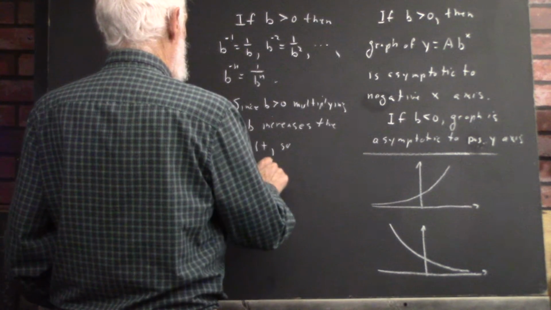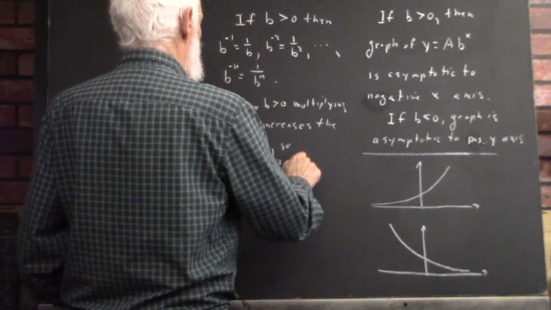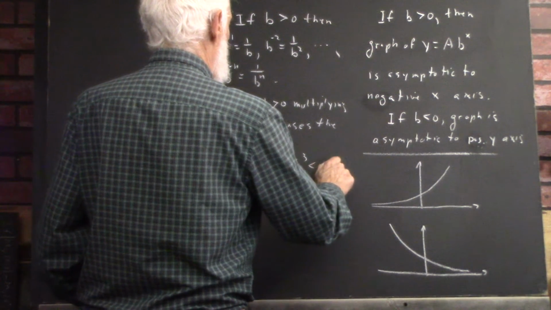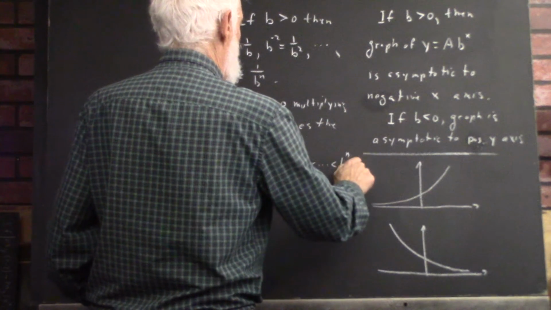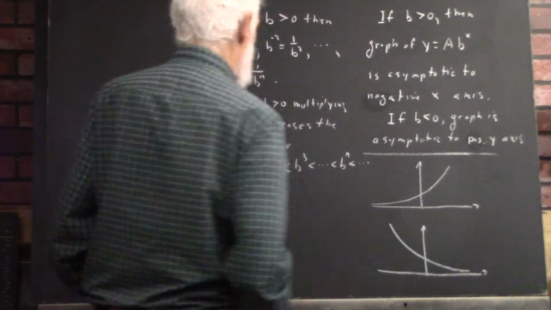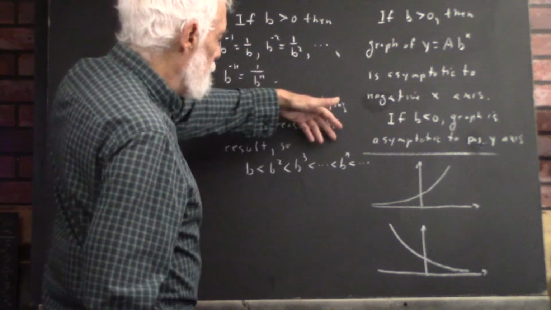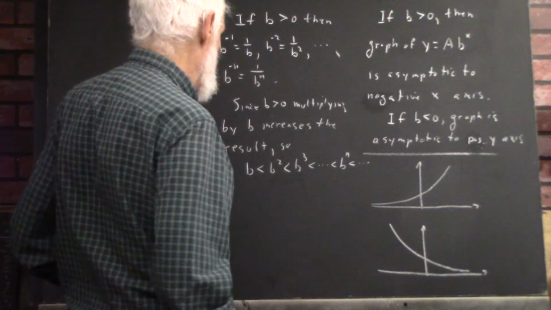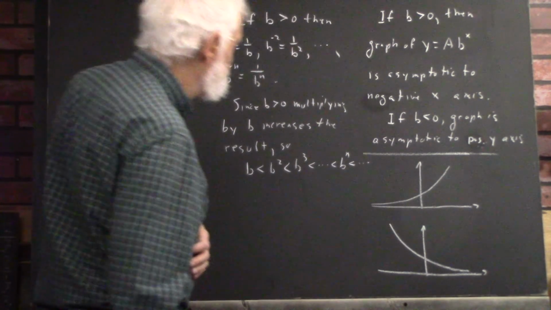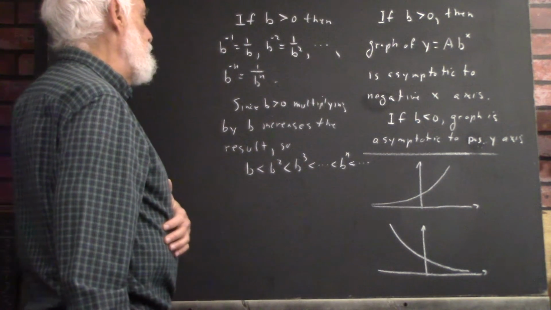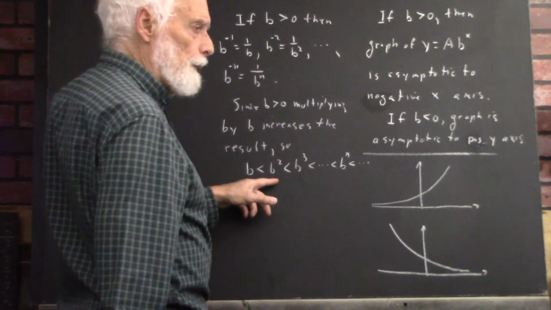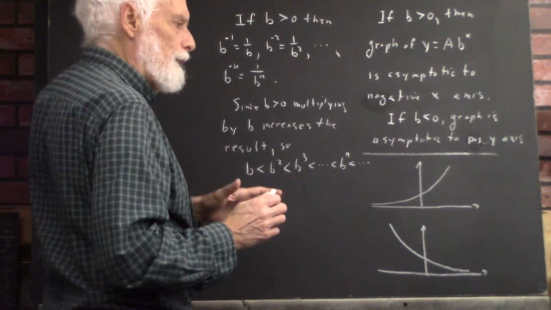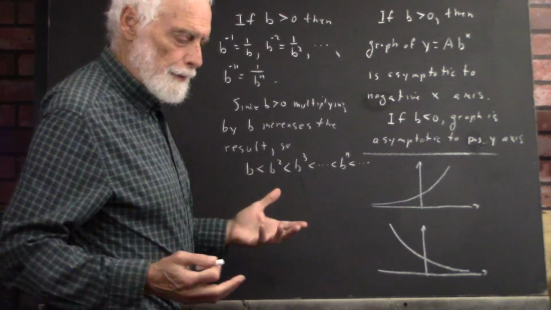So b is less than b squared, which is less than b cubed, which is less than, and so forth, up to any power of b. These numbers keep getting bigger. Not only that, but since the numbers are getting bigger, when you multiply by b, the increase in the number is going to get bigger.